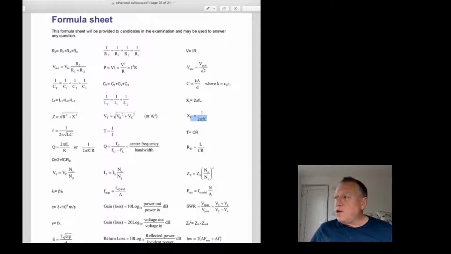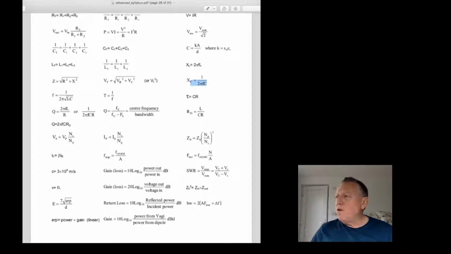So you can see the page here. We've got as far as the blue highlighted equation, and we've got the remainder of the page to go. You can see here that the number of equations is significantly more than you had to take on board for the foundation or indeed the intermediate. So this is really quite a step up, and what you're doing here is quite complicated.